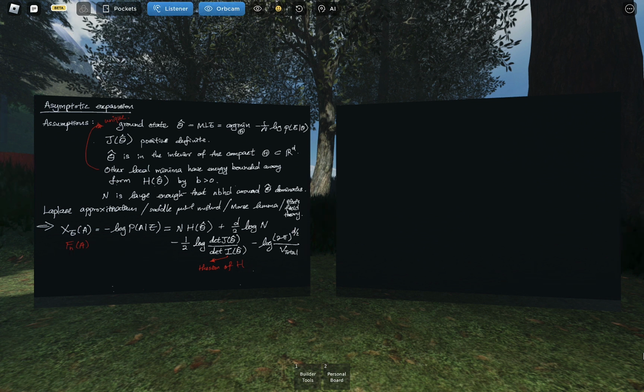Which is quite distinct from the Fisher information matrix for finite n. Okay, and V total is the normalizing constant for the Jeffreys prior, which means that it is the total volume of the parameter space as measured by the Jeffreys prior, which is also kind of how many total distributions there are in this model A.